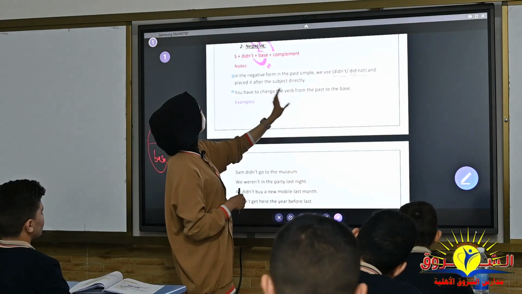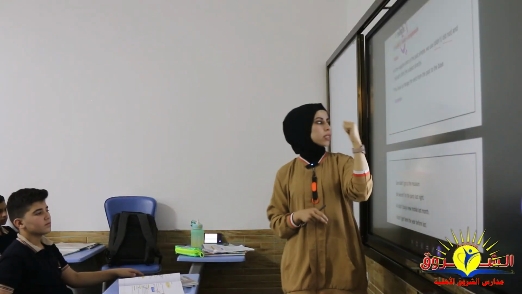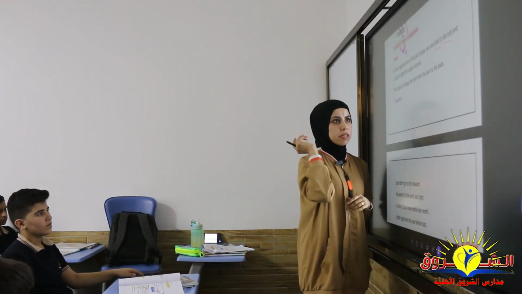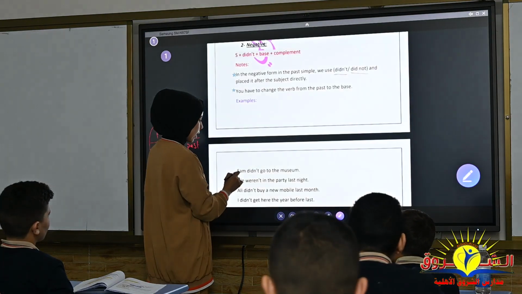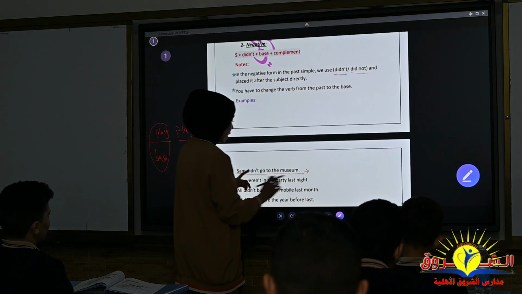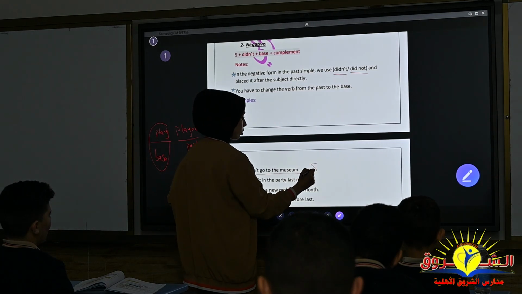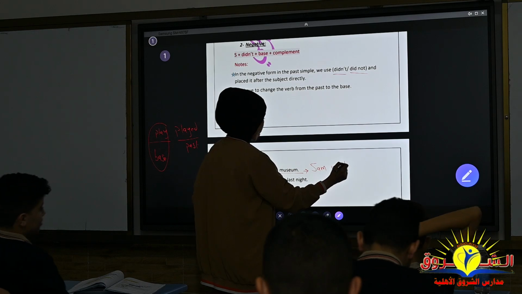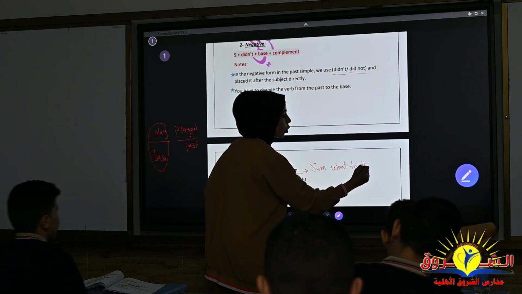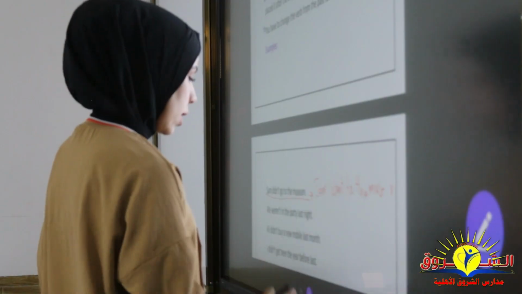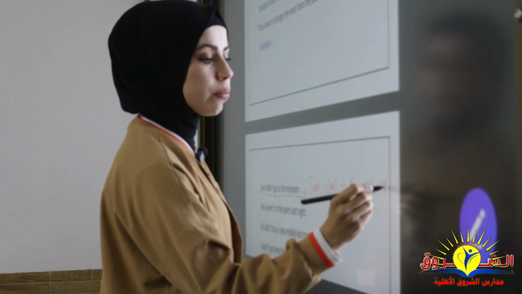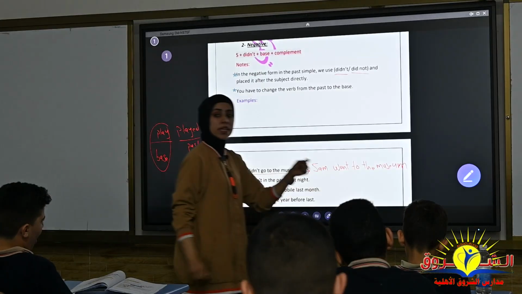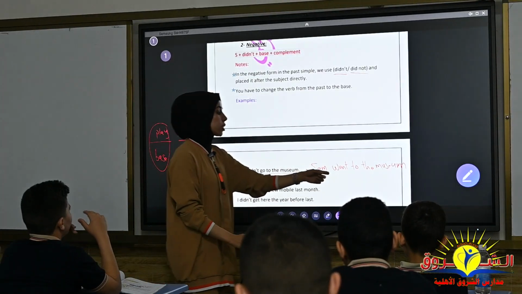Okay. Now you have to change the verb from the past to the base as I told you. When we use didn't, and if you have, for example, let me give you example. This example in the past simple, Sam, I mean in the affirmative form, went to the museum, okay? Now, if I ask you to change this sentence to the negative form, first of all, you have to see the verb.